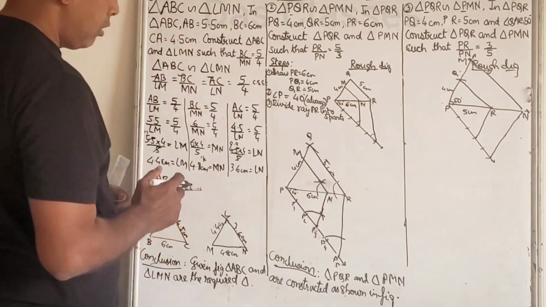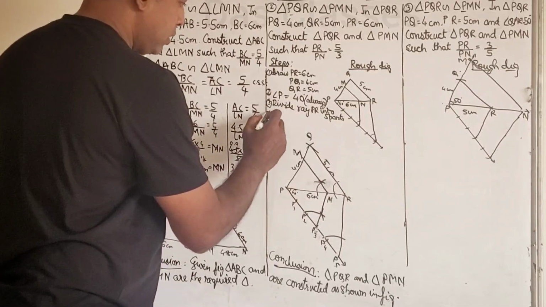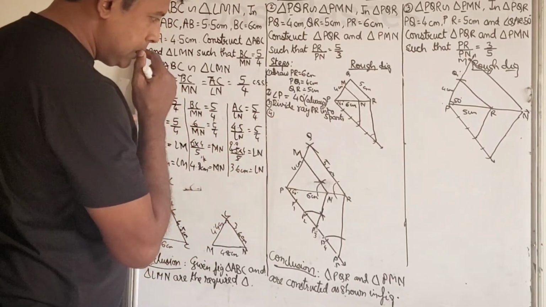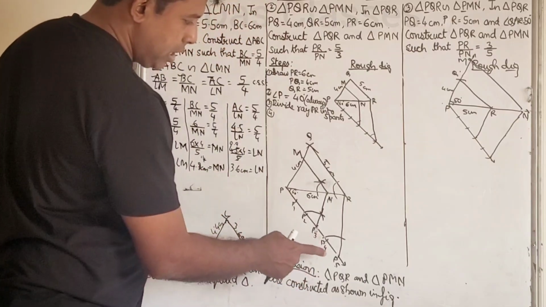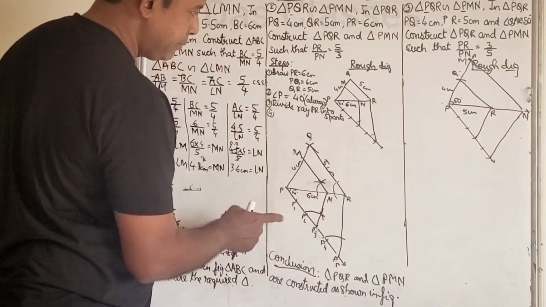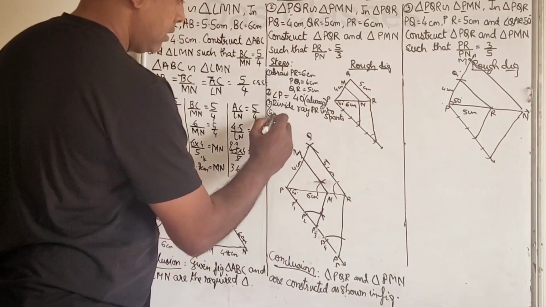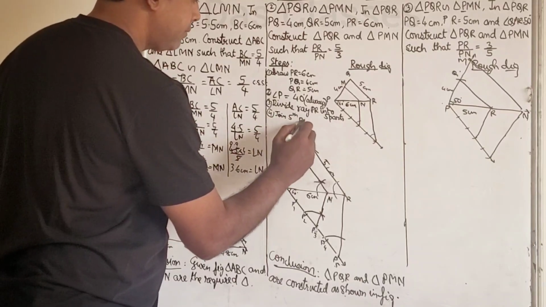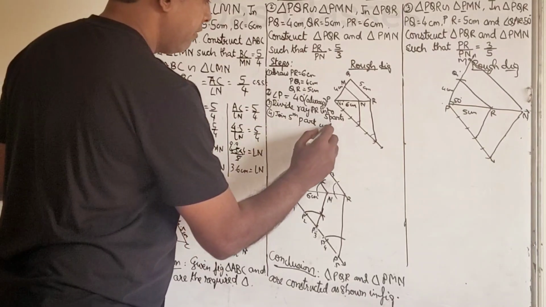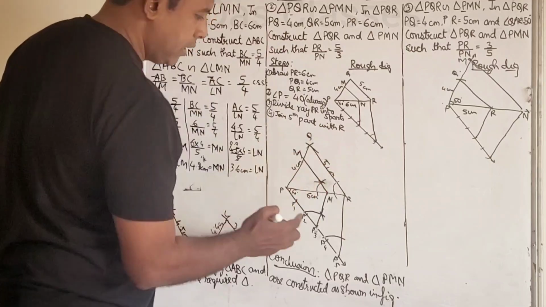Here I forgot to write the last 2 steps. Fourth, what we did was divide it into 5 equal parts. Then we joined the 5th part with R. Join 5th part with R, that is what we did.